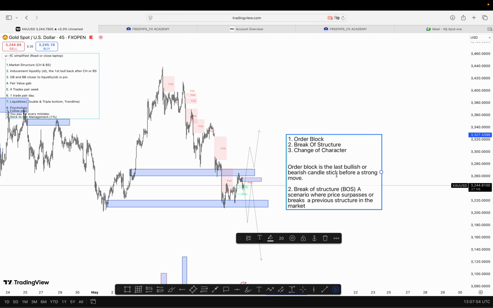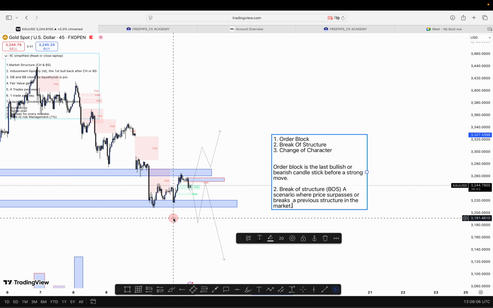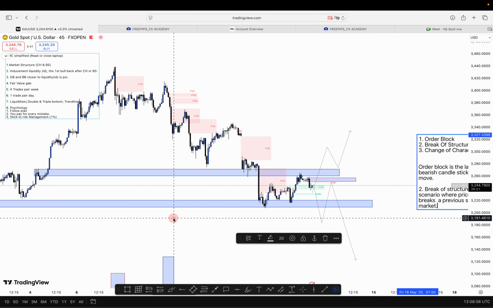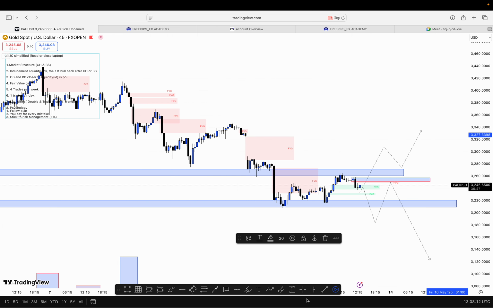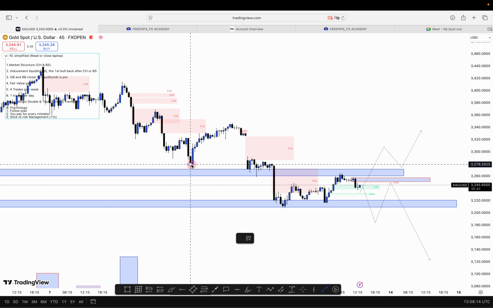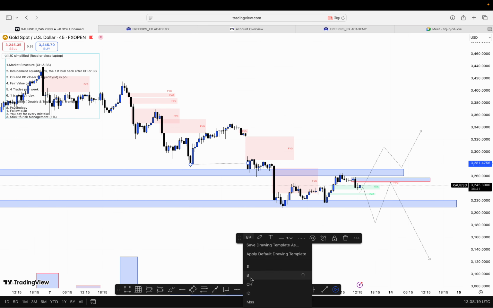So that is a break of structure. So a scenario where price surpasses or breaks a previous structure in the market. It can either break above or break below structure. So with this one, we have break of structures to the lower side. Gold is breaking structures to the lower side.